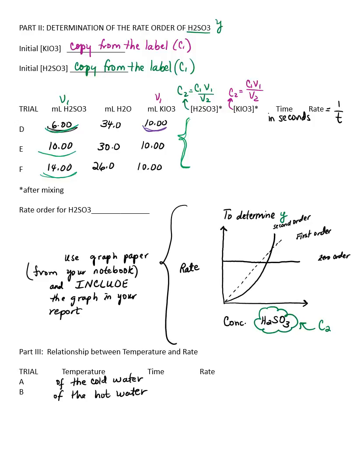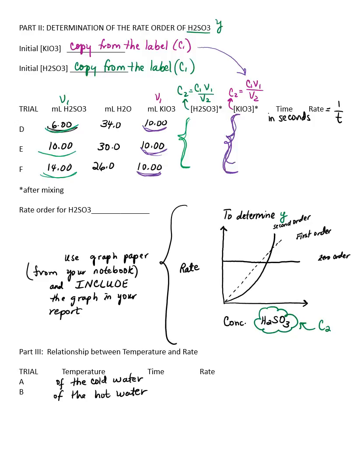Then the second sample, you have concentration 1 from the label, and then your volume 1 is 10, and your final volume is 50 again. And then the last sample, concentration 1 from the label times your volume 1, which is also 10, divided by your final volume, which is 50. So all of your concentrations here for the potassium iodide are going to be exactly the same.